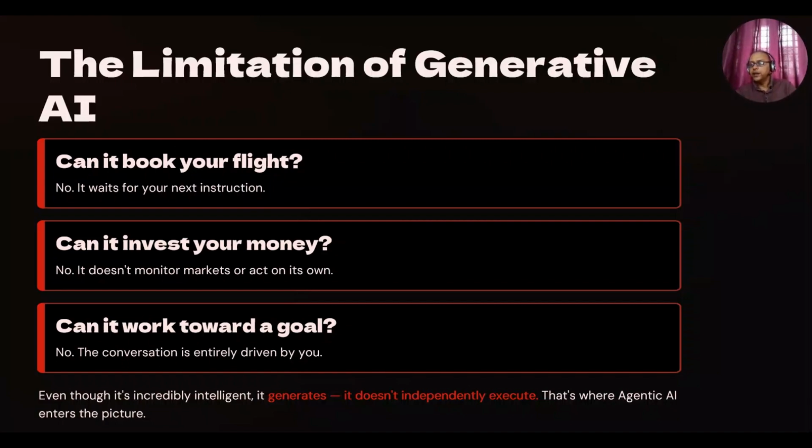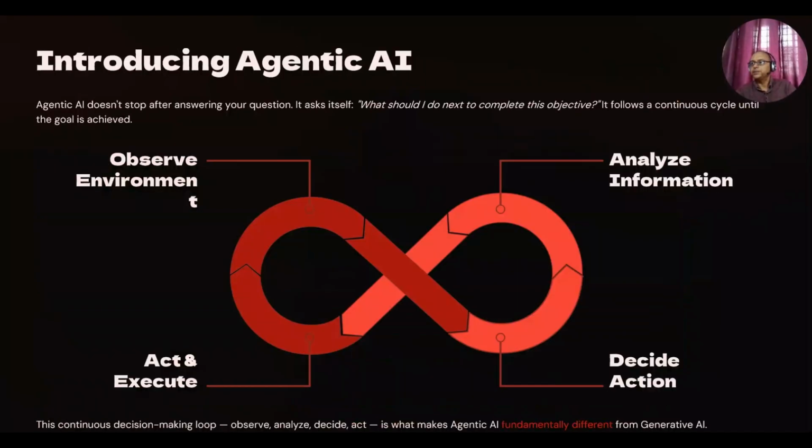You ask again, it answers again. The conversation is entirely driven by you. Even though it is incredibly intelligent, it doesn't continuously work toward a long term objective. It generates, it doesn't independently execute. And that's where agentic AI enters the picture.